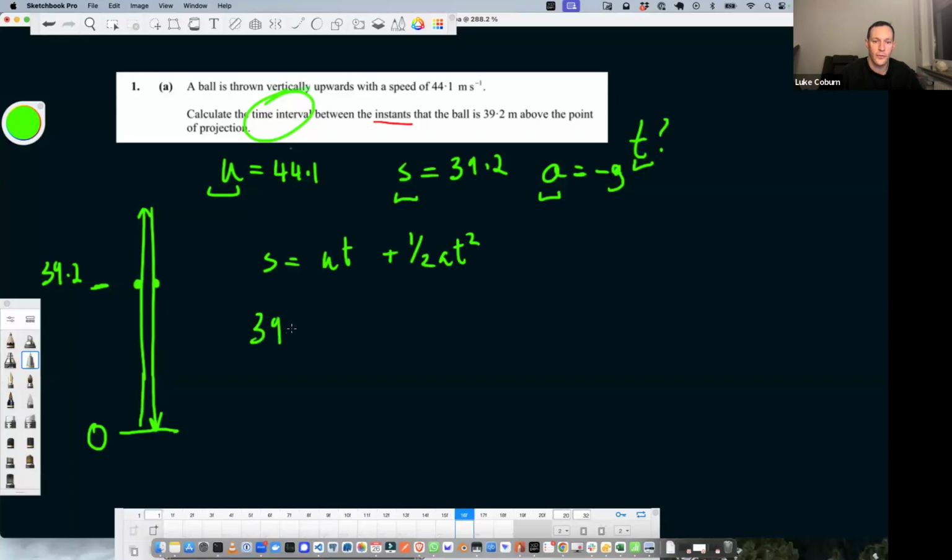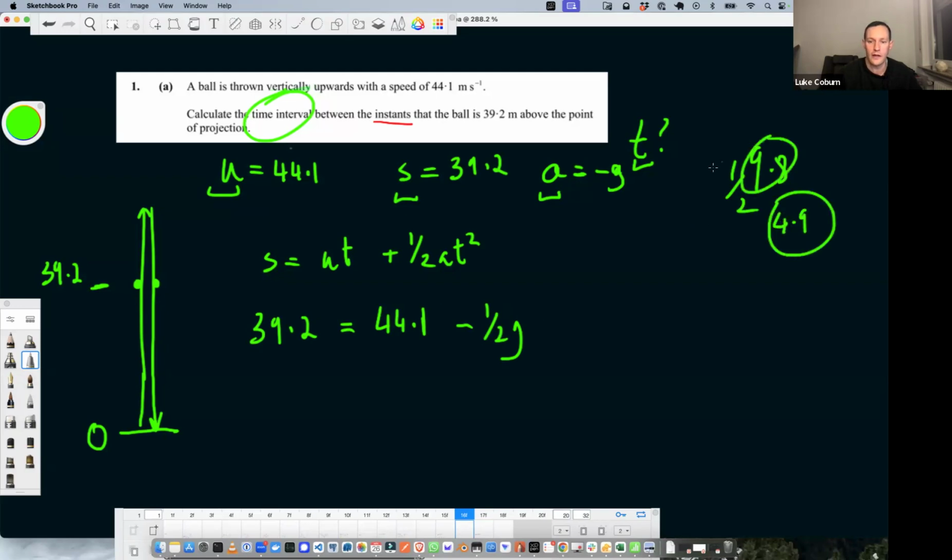So that means 39.2 is equal to U, which is 44.1, times T, plus a half times minus G, and G is 9.8. So a half of G is 4.9. You just get used to that 4.9, that 9.8. So minus 4.9 T squared.